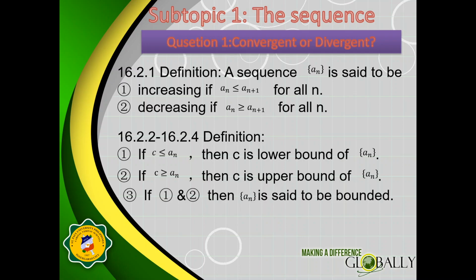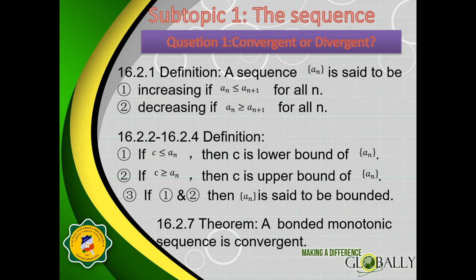Here we have definition 60.2.1 and many other definitions: increasing or decreasing sequences, and lower bound and upper bound. If a sequence has a lower bound and also an upper bound, then we say the sequence is bounded.